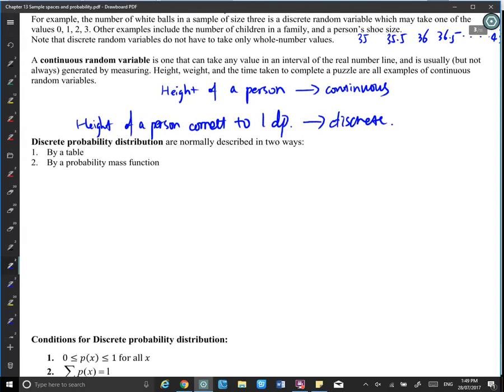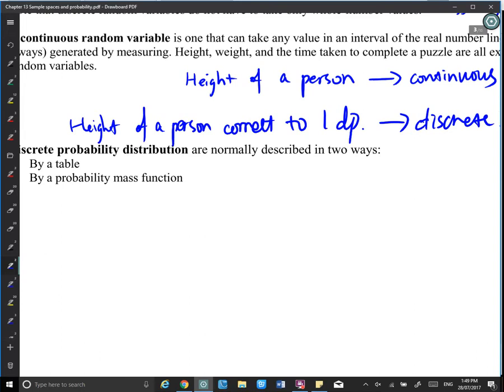Even though there's a lot, I can still list them all out. So it's not that whenever I say height, it's all continuous. It depends on the case. If it's just the height of a person, it's continuous. If I say it's the height of a person corrected to 1 decimal place, then it becomes discrete. Okay, it's different.